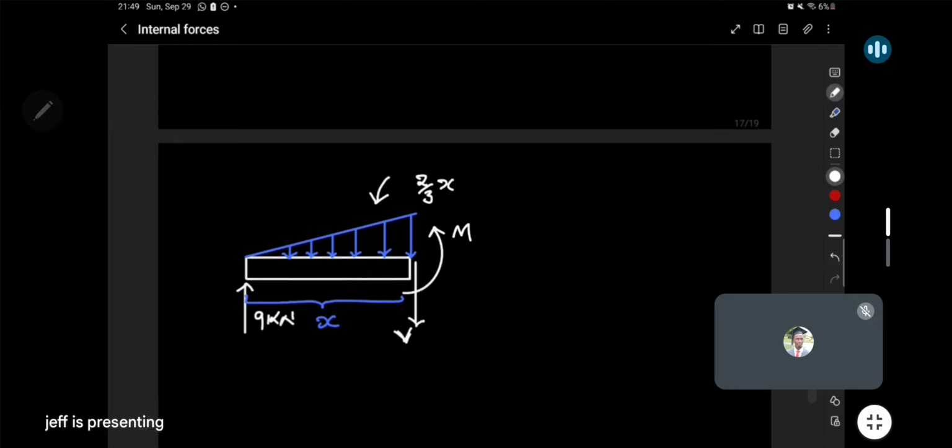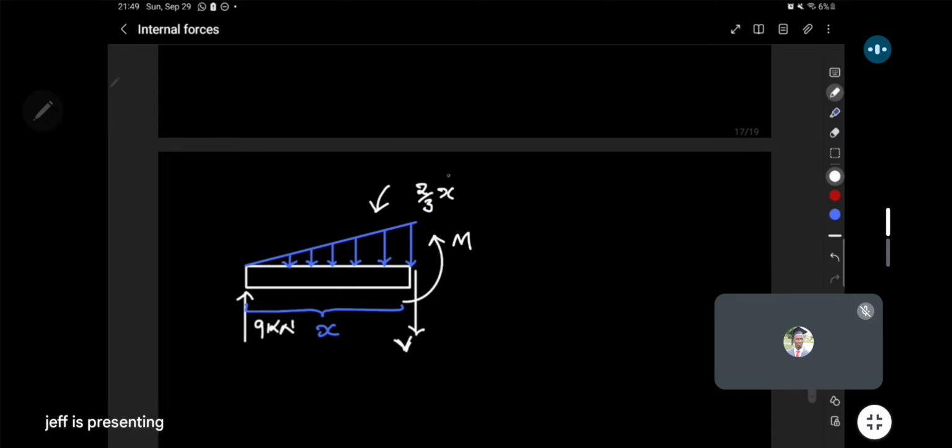To find the concentrated distribution, since we now have the expression for the distribution, we know again this is triangular. Because it is triangular, to find its effective contribution we're going to use half. If it were rectangular, we would have just multiplied the full distribution by the length. But because this is triangular, we use the area of the triangle, which is half.